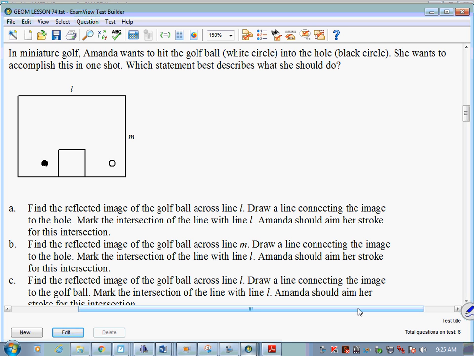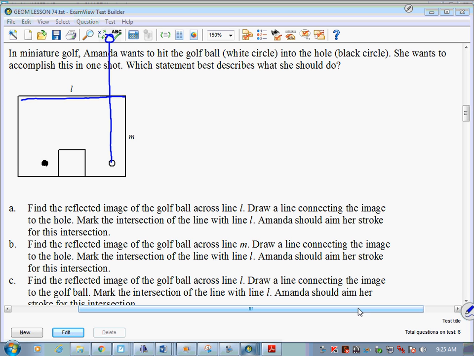But what they're saying is that we want to use line L as a line of reflection. Okay? And again, I don't know if this actually works in golf because I'm not a golfer, but we're going to reflect our ball across that L. So, if we're just approximating the distance, we'd be somewhere about there, right?